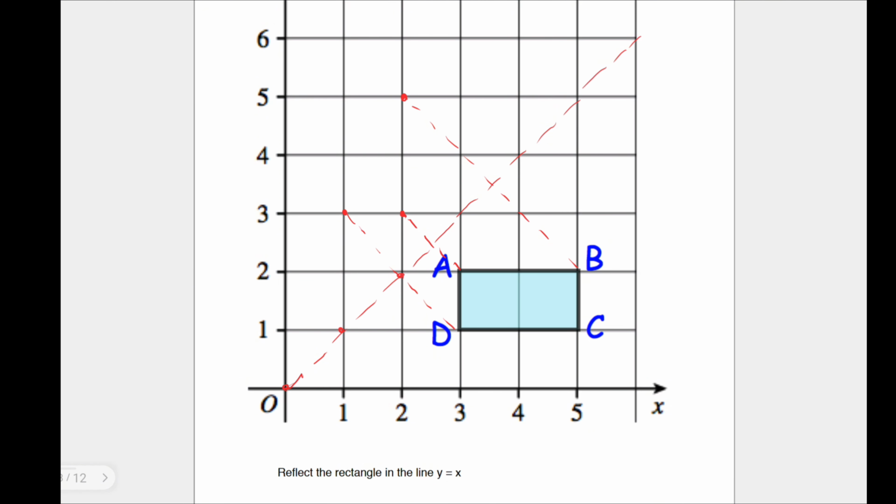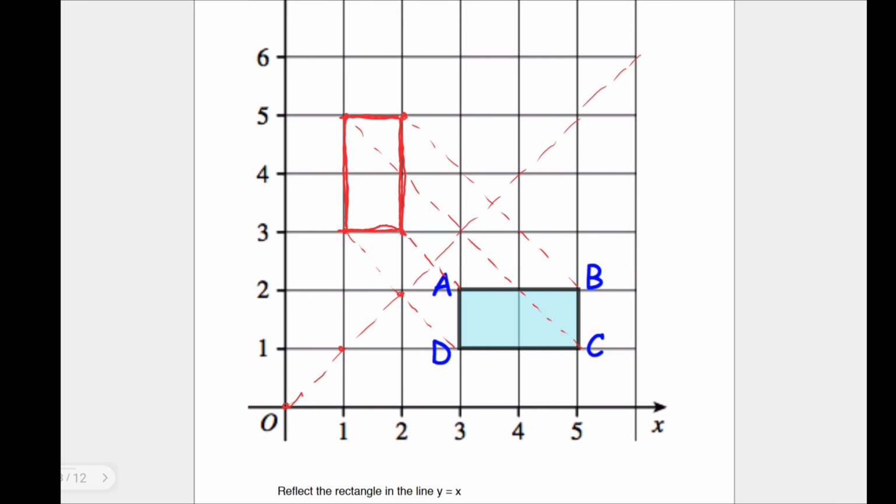And C is going to be right here across the line. If you look at it closely, you can see it across the line. So now we can join it together. So that will be the shape, the reflection of the shape. I hope that makes sense.